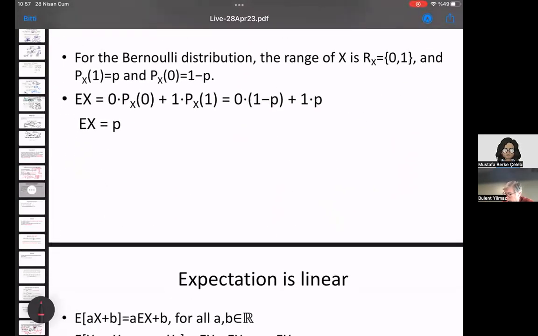For example, let's say female is 1, male is 2. Obtaining a female student in the class, probability is 1/6. This is 5/6. What is the expected value?